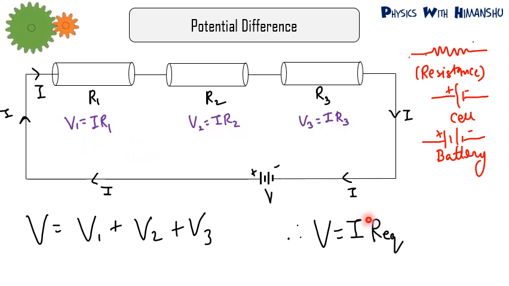You have to remember this formula: the potential of the battery, V, is equal to the current released by the battery times the equivalent resistance. So if someone asks what current is being released by the battery, the current depends on the potential of the battery and the equivalent resistance of our circuit.